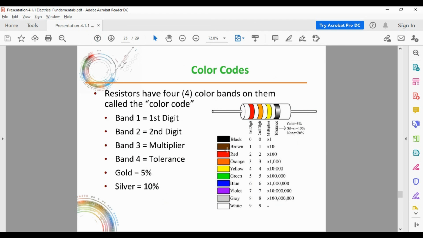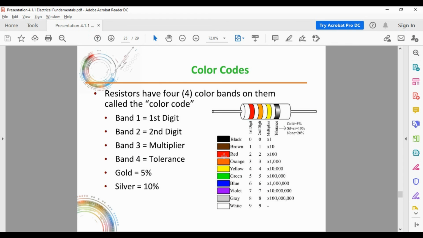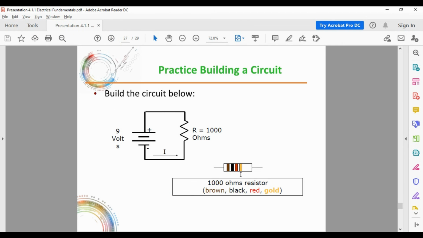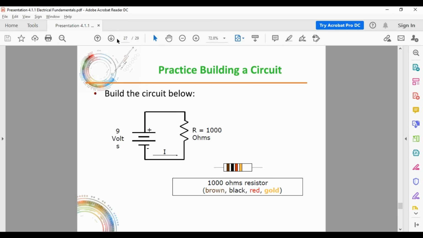So let's go back up here. Brown was 1, and then black is 0, so that means it's a 10. Then the multiplier is red, so it's 10 times 100, which is 1,000. And then the resistor was gold, and gold means that this has a 5% tolerance.